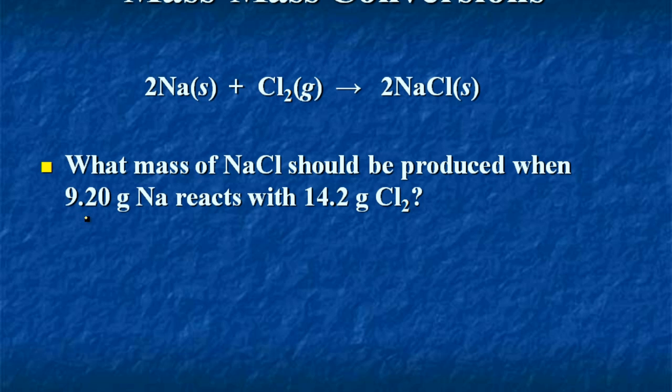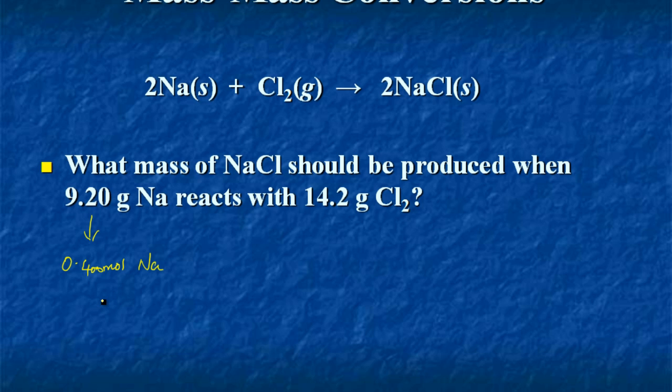You already know that. How many moles of sodium do we have? 0.4 moles. Yeah, for the sig figs you have to write it that way. So 0.400 moles of sodium. That's what we have. Now if you have 0.4 moles of sodium, the first step is how many moles of NaCl could be produced.